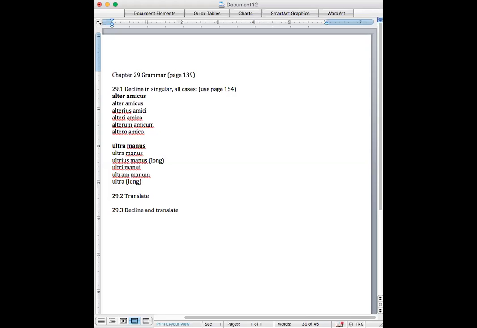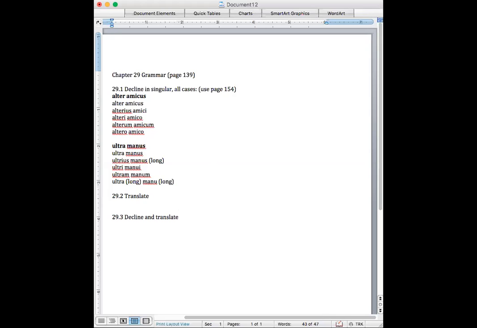And your ablative singular is going to be manu with a long U. Just trying to check as I went along to make sure that I didn't tell you something that was not correct. Okay. So again, you can use your alter and utra declensions on page 154 to check yourself on your cases.